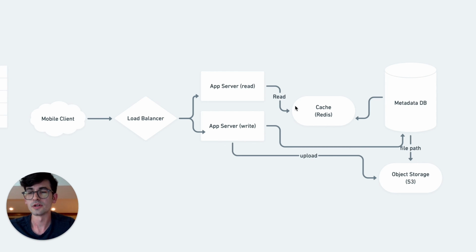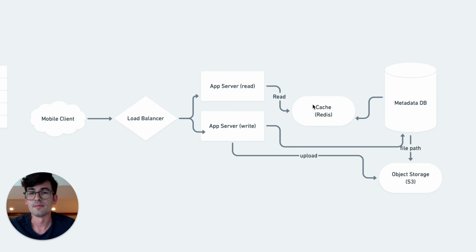It will look to the cache first to see if it has this image in there. And if the cache is fresh, it will just return the image data or any user metadata that it needs.